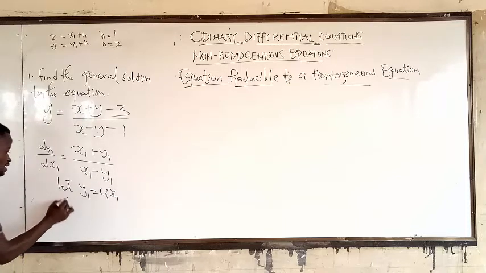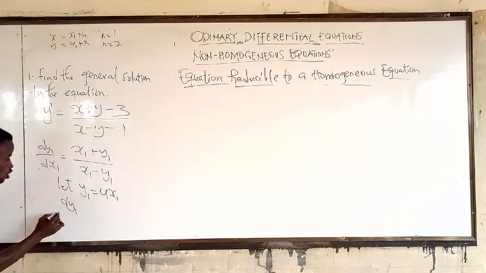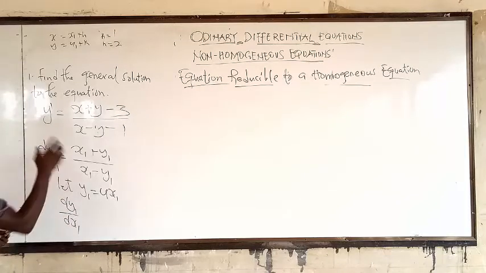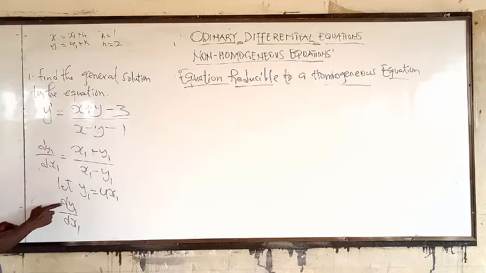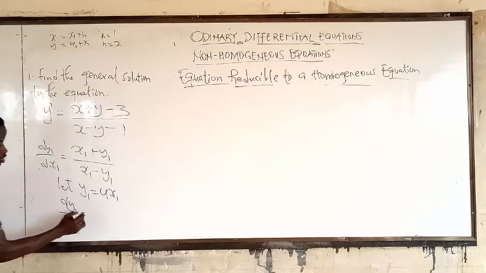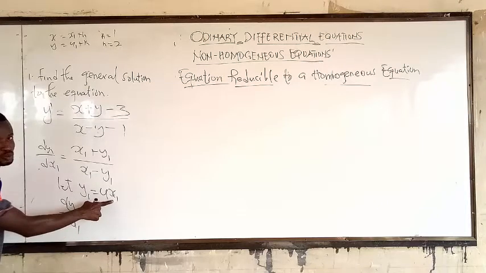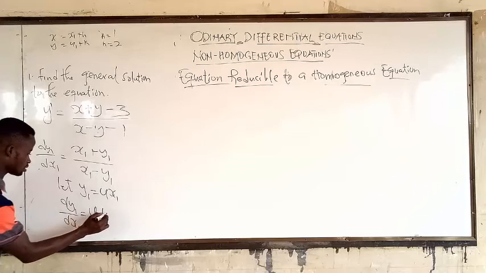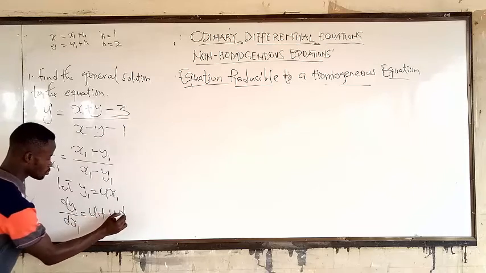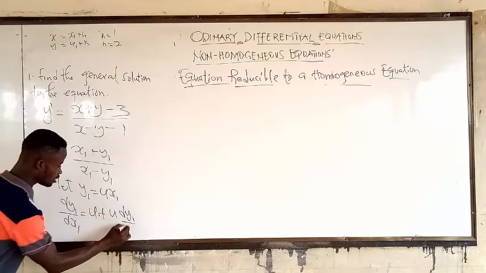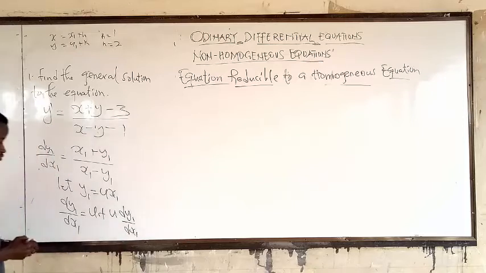Then we take dy1 over dx1, and that is going to be the product rule. Leave this, differentiate this, you get 1 plus u, dy1 dx1.